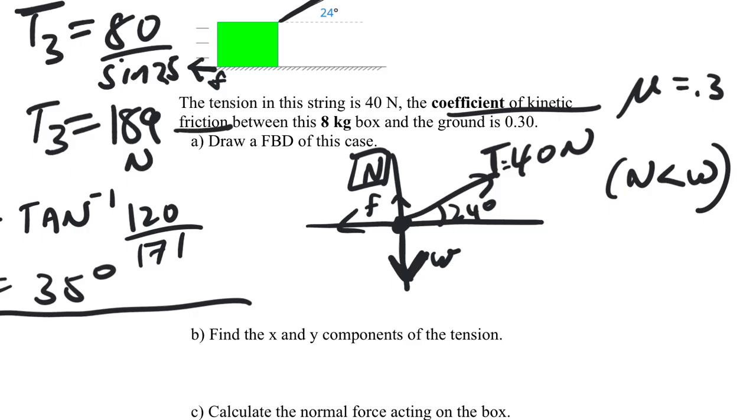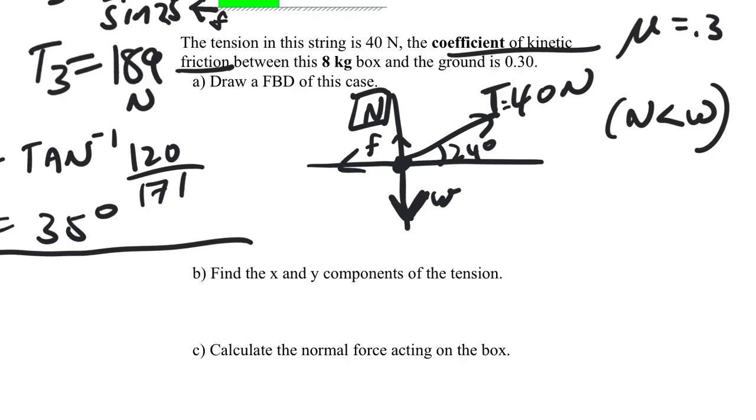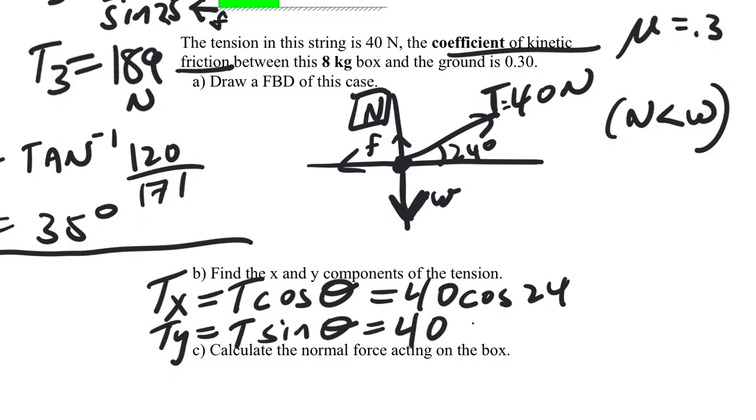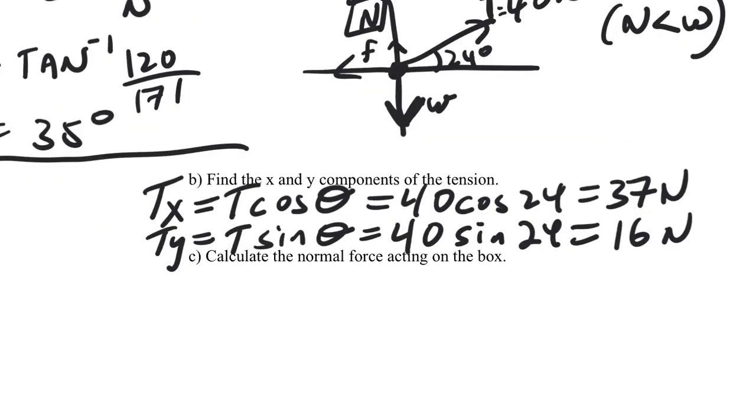Find the x and y components of the tension. Tx equals T cosine of theta. I'm just using Qx equals Q cosine of theta. It's on your equation sheet. So Tx is 40 times cosine of 24. And then Ty is equal to T sine of theta equals 40 sine of 24. So I just calculate those.